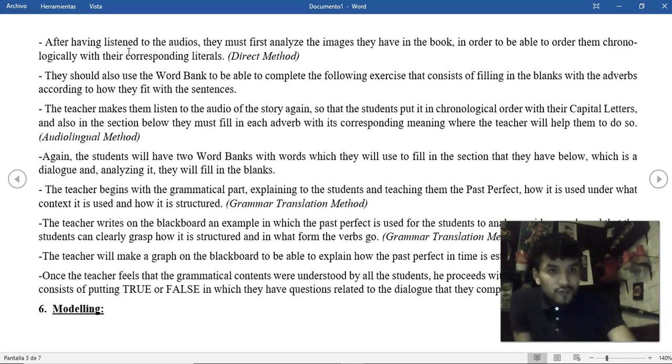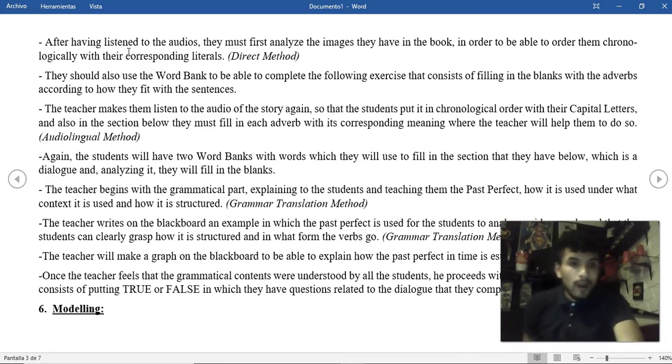Again, the teacher begins with the grammatical part, explaining to the students and teaching them the past perfect, how it is used, under what context it is used, and how it is structured. Here I'm going to use the grammar translation method because I bring and give my students some tips and rules about the past perfect and how to use it.